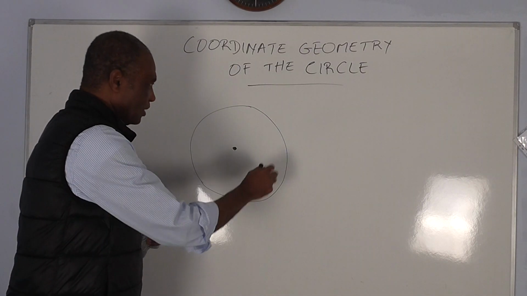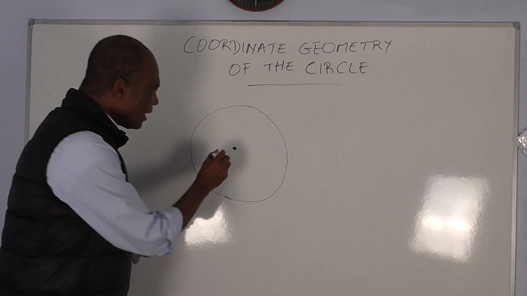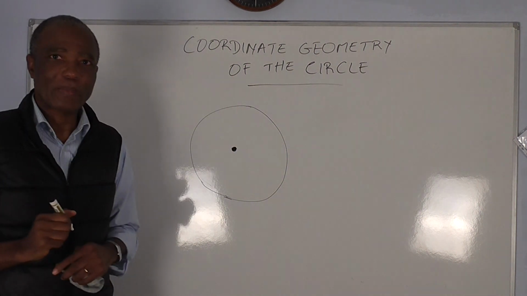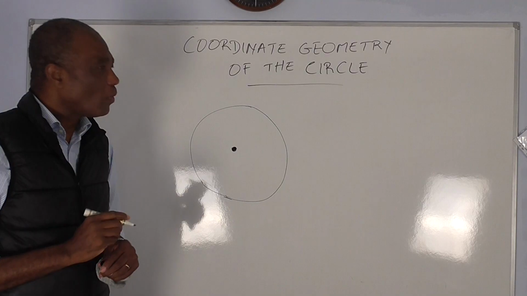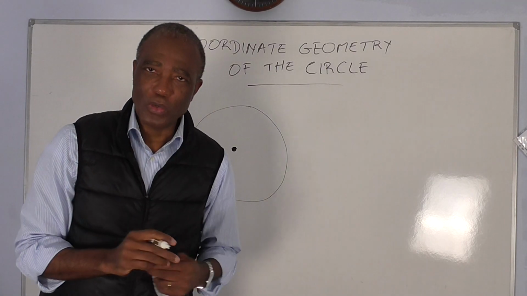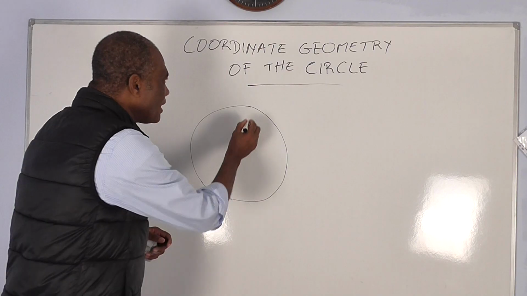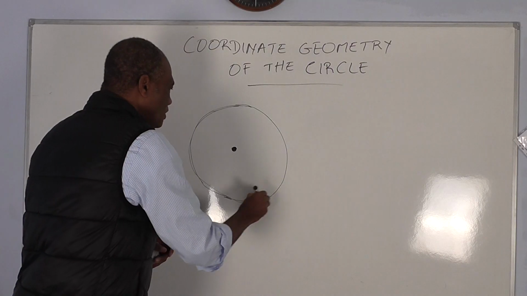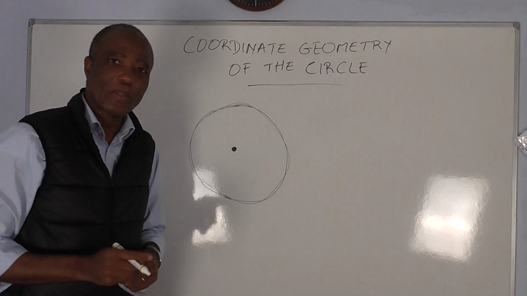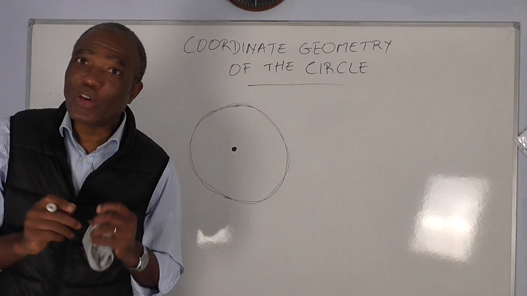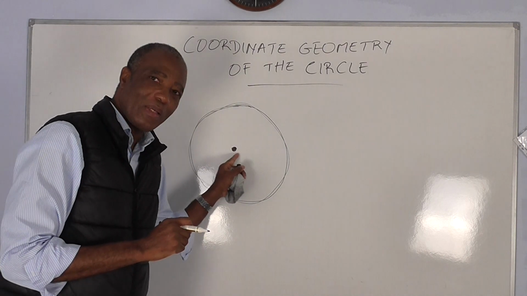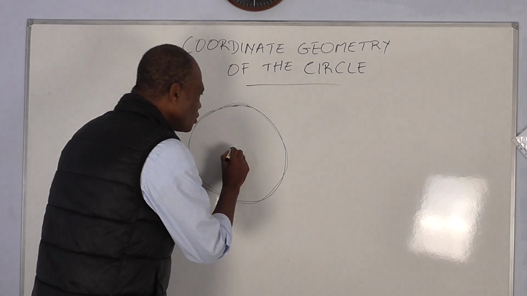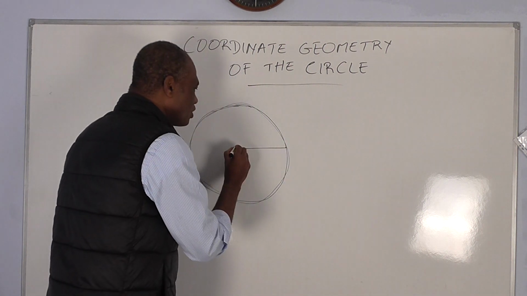Now, we have a circle, and in the middle, you have a center. To be able to write the equation that's going to define our circle, we need to know the coordinate of the center, and we need also to know the length of the radius.